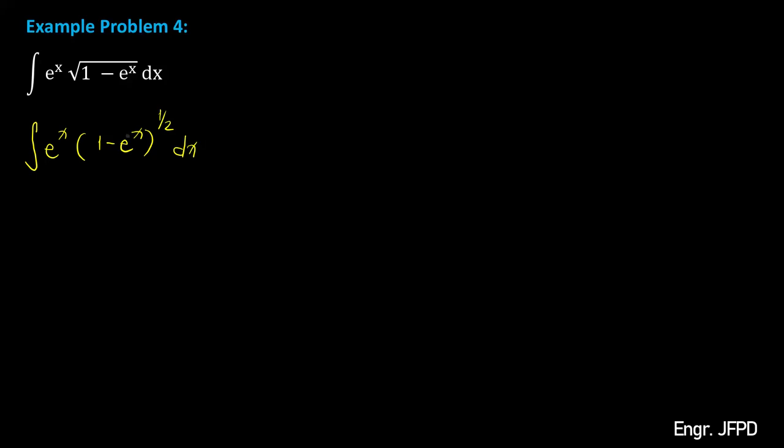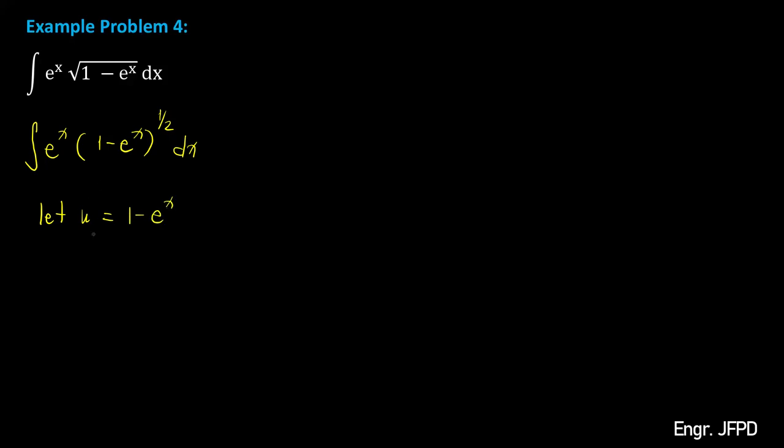And to solve this problem, again, we will apply the change of variable, wherein we will let u be the function that has an exponent, and that is 1 minus e raised to x.